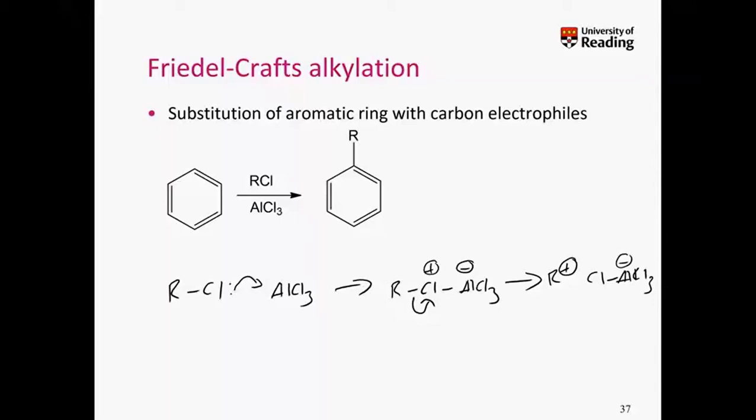Now what you've done before though is if it's a primary carbocation, we know that primary carbocations aren't going to be particularly stable. But of course what we also know from this is that it can exist at this point, and at this point that R group is still incredibly electrophilic because the chlorine is just waiting. The moment it can grab those electrons, it will. So it's waiting for the aromatic ring, that electron density, to approach the R group.